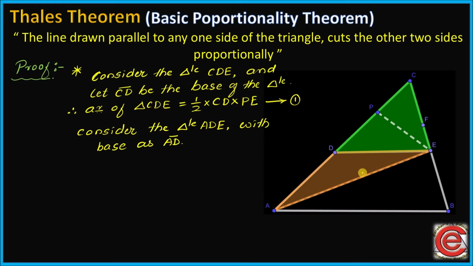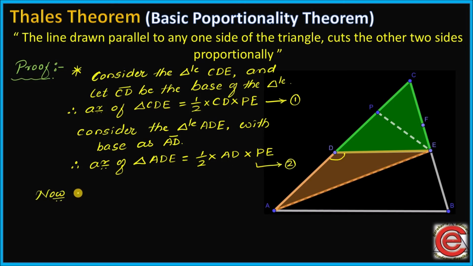Just recall the previous knowledge, as it is an obtuse angle triangle, we need to consider the height of the triangle by extending the base. Hence the height of this triangle will be again PE. Therefore the area of triangle ADE is equal to half of base AD and height PE, and you call it 2. Now divide equation 1 by equation 2.